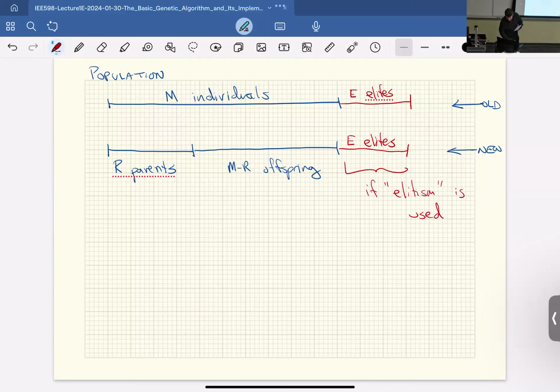We'll talk about exactly what that means, but I'm just putting that up there so that we know that it's available. And so when we talk about reproduction, these parents are the so-called breeding population.